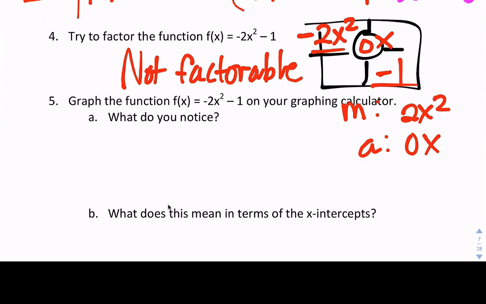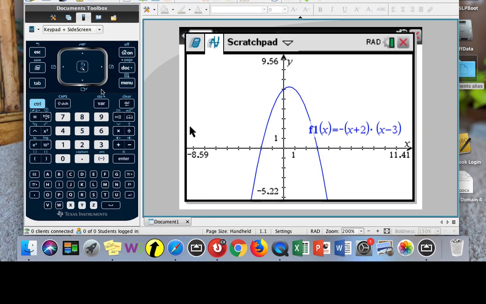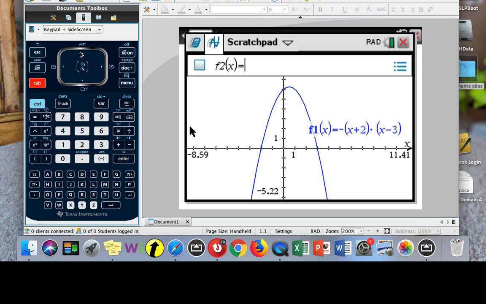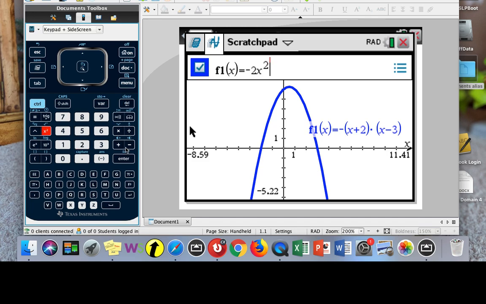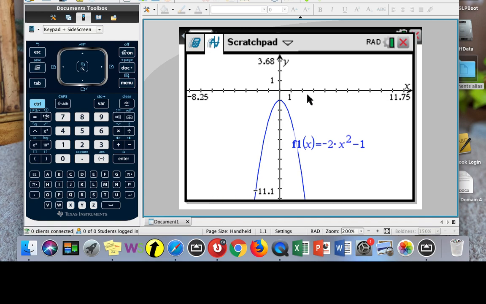All right, let's graph this on our graphing calculator and see what we notice. I'm just going to hit tab. I'm going to delete my previous graph and type in the new one. So we have 2x squared, and then it was -1. Oh, and notice it doesn't have any x-intercepts. It doesn't cross the x-axis.